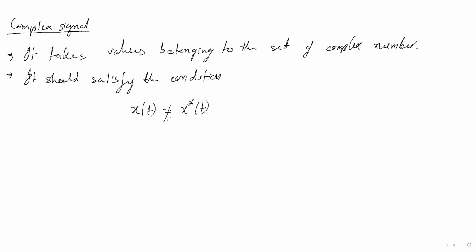That's why when we take a star, x(t) will not equal x star (t) in case of a complex signal. Okay, so let me give one example here.